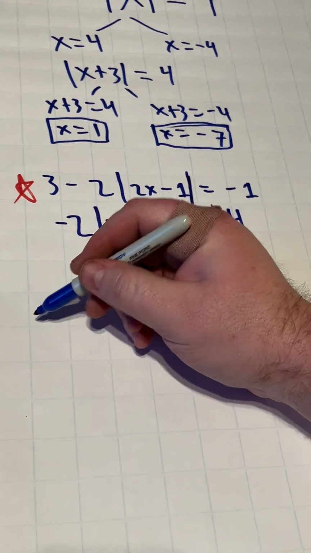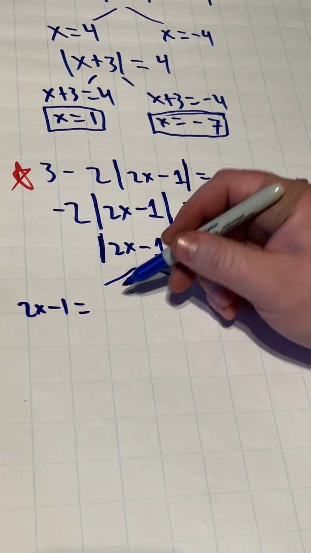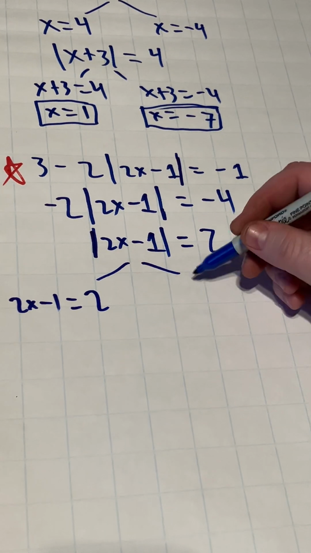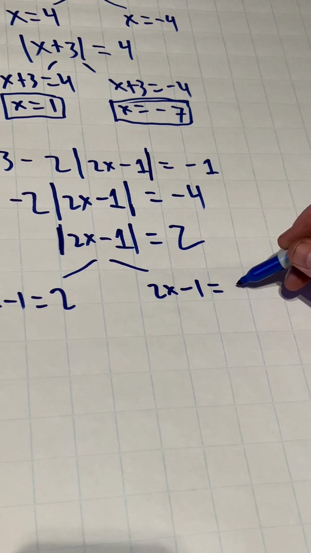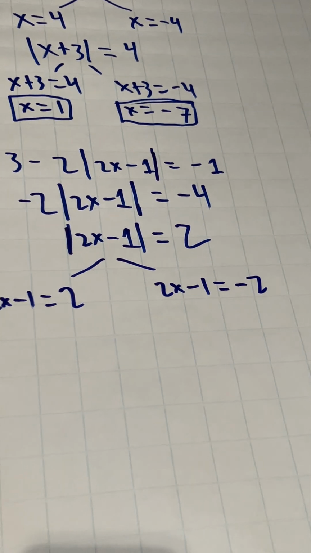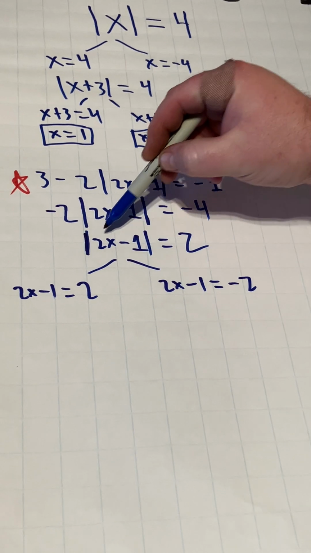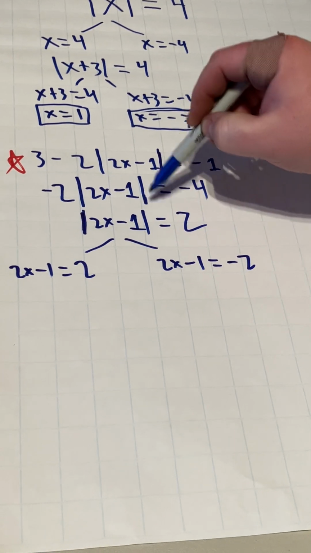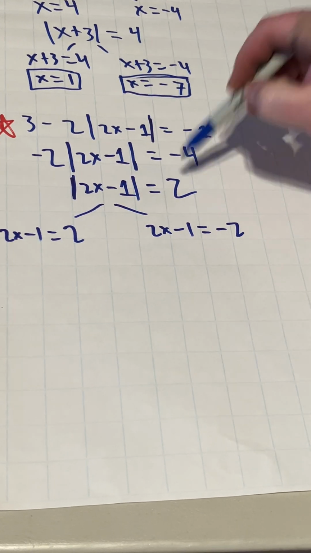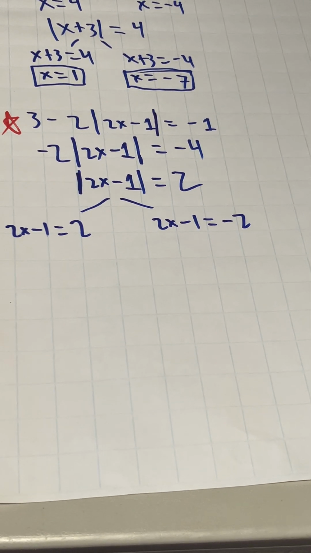So now we are ready to break this up into our two separate equations. We know 2x minus 1 could be equal to 2, or 2x minus 1 could be equal to negative 2. In both cases, remember, as long as whatever's inside of here, when I take its absolute value, I get 2, then I'm solving this equation for x.